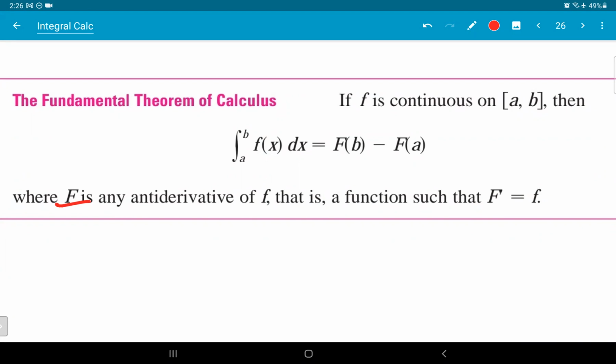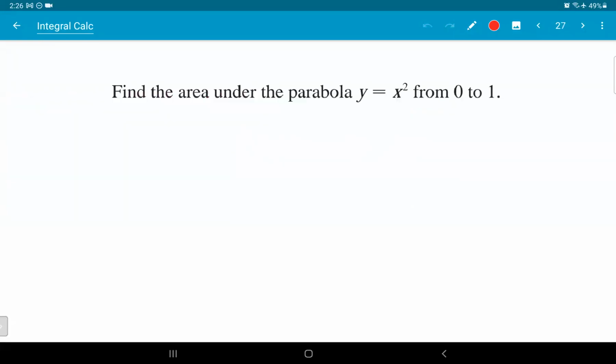Now, this may seem a little bit technical or formal, but let me just illustrate how this definition works in order to calculate a definite integral. So let's go back to the area. What was our estimate? 1/3, right? By observing the table with n equals 1,000.